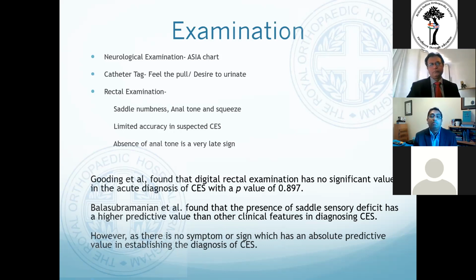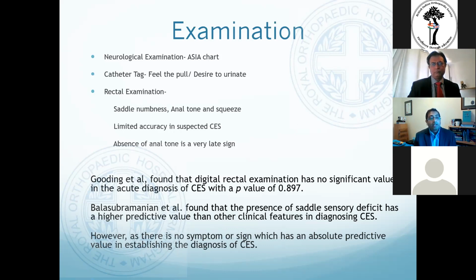What is actually meant by catheter tug? Is it just the filling of the catheter inside, or is it the desire to urinate when you pull the catheter and the catheter irritates the trigone area? Basically, it will be the desire to urinate, not just some filling, but that also acts as a sign that the bladder sensation is still intact.